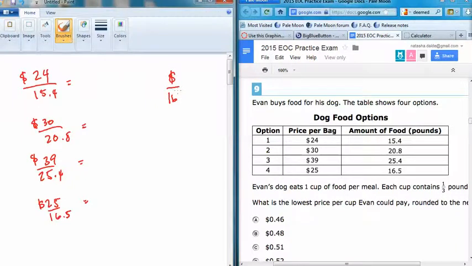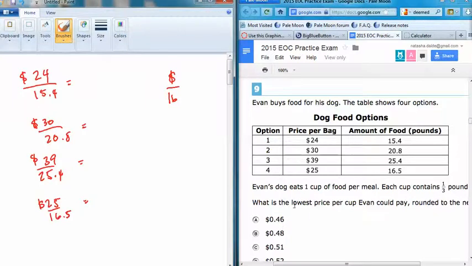Now, just as a heads up, I bet you that 0.46 is going to be the wrong answer. And I bet maybe a third of the students who take this test, and this is a national test, with students across the nation taking the exact same test as you, are going to choose 0.46 right off the bat and skip this question.